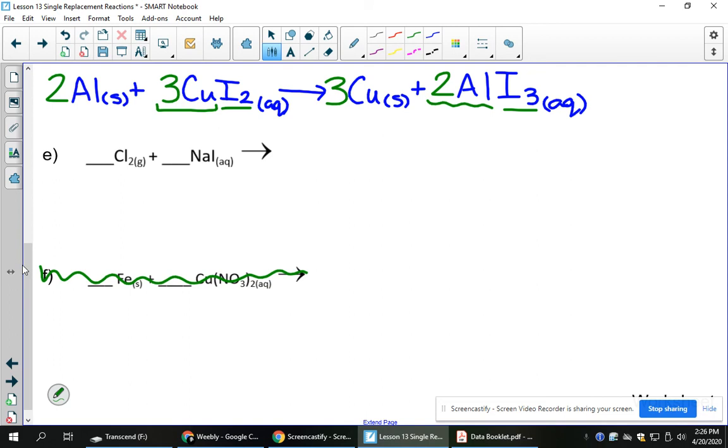Chlorine is a non-metal. And we've got here sodium, which is a metal, and iodine, which is a non-metal. So what's going to happen with single replacement is the non-metals are going to switch places. So what's going to happen is we'll have iodine by itself, and we'll have sodium chloride.